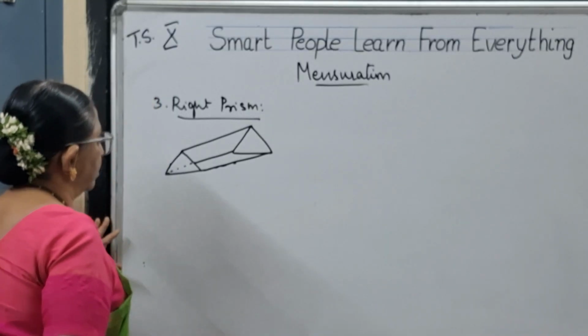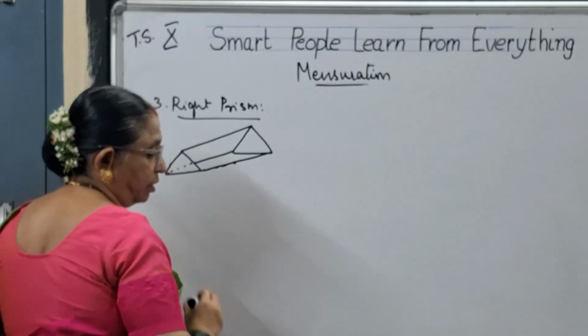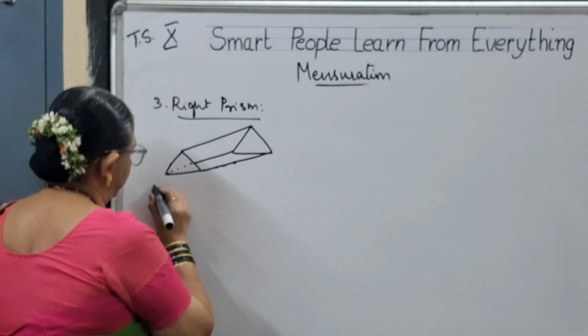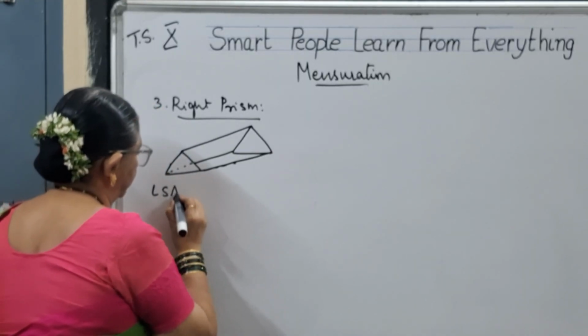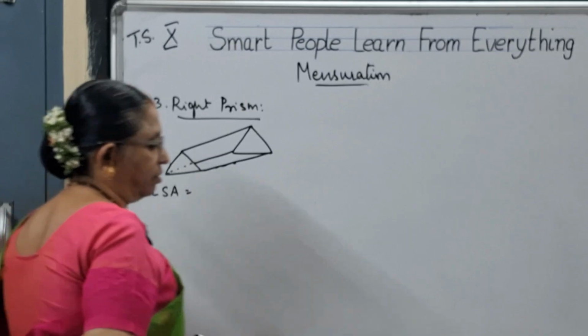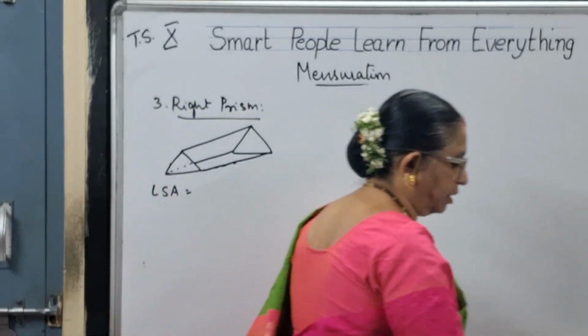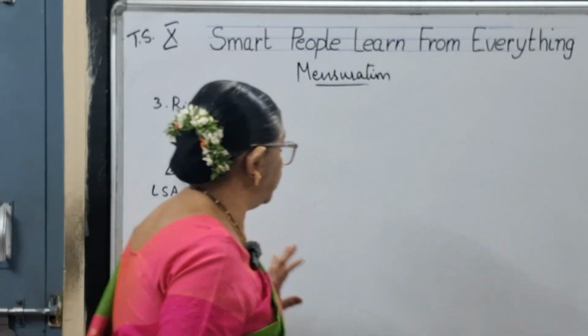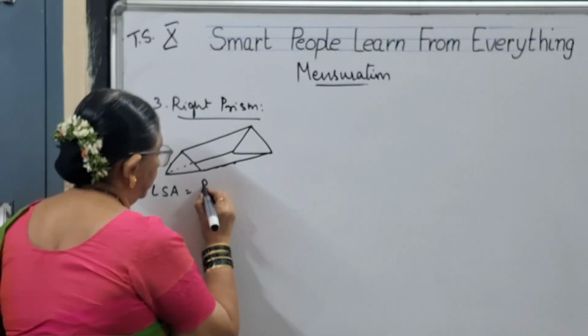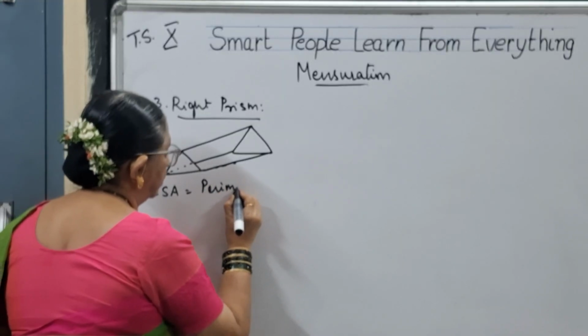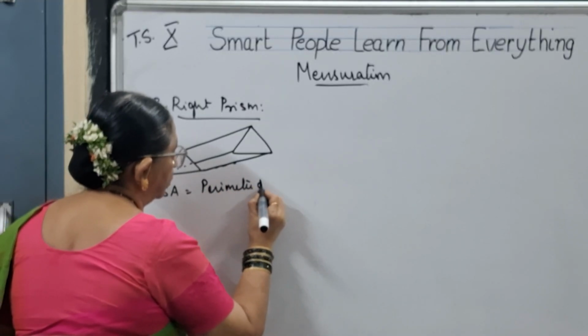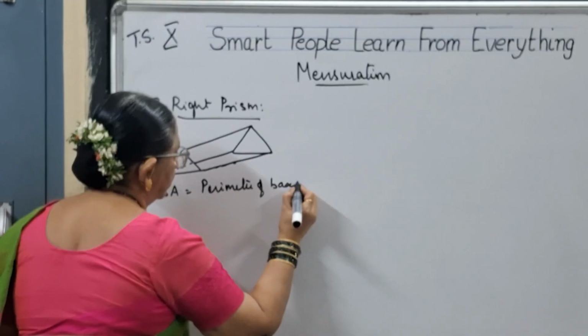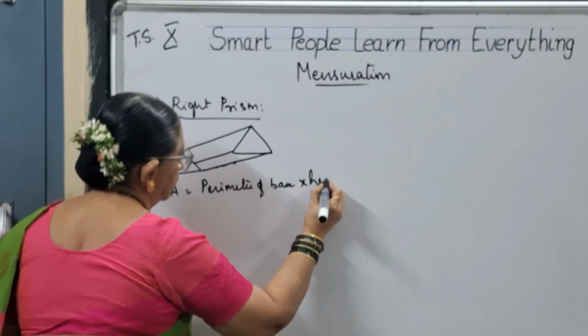So in this, what you have is the lateral surface area. Lateral surface area is nothing but the general formula, no value is given here: perimeter of base into height.